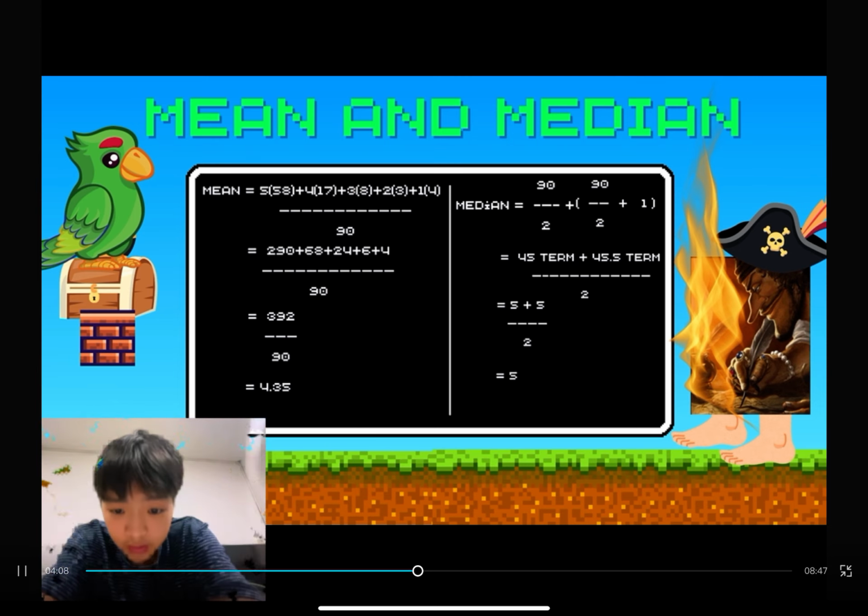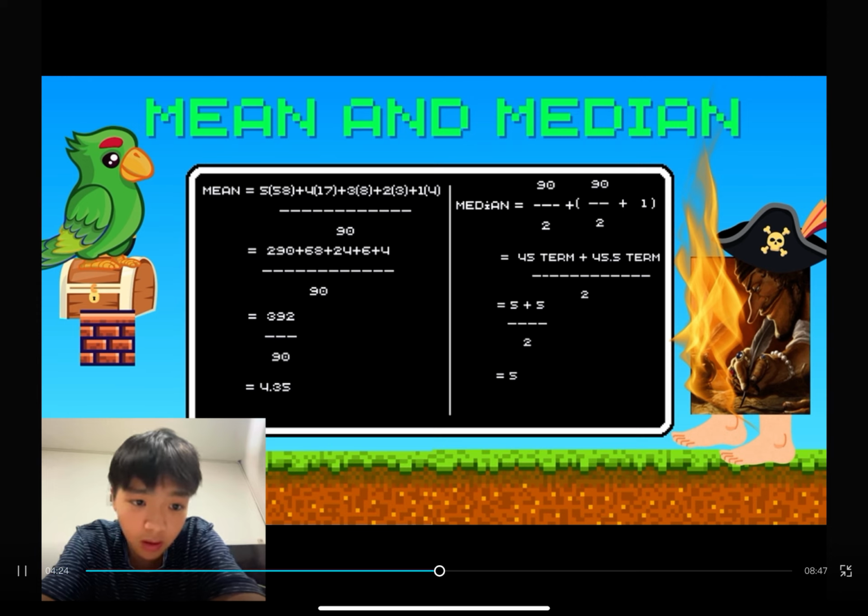And the next one is slide 14. This slide is about mean and median. So first one, I will find the mean. The mean formula to solve it is sigma fx divided by n. And for sigma fx, you need to know the frequency of people that choose a point for their games.